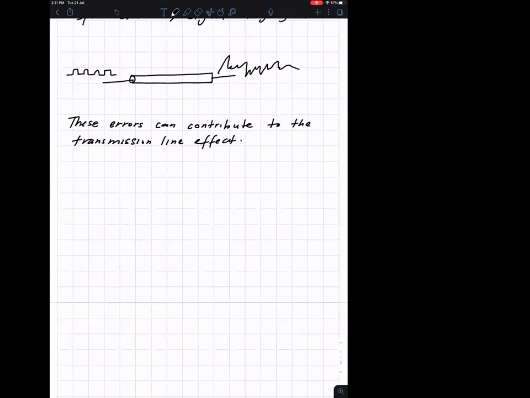One common failure mode is ISI. So this is called ISI.